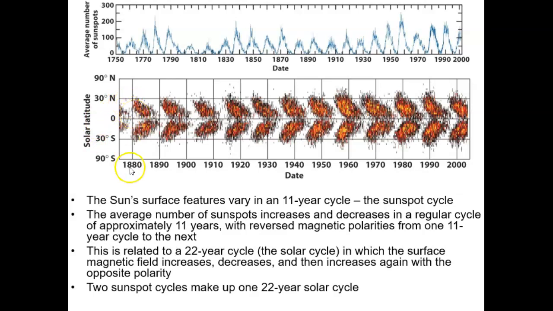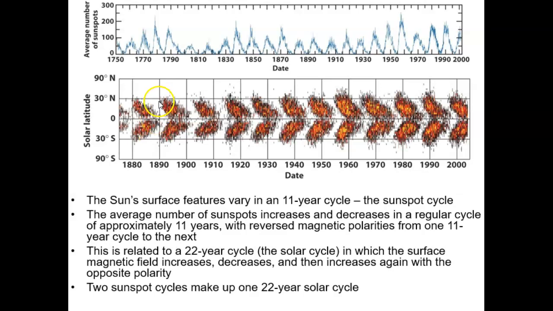If you notice, right here at 1880, when we look at the position of the sunspots, they start off both high and low compared to the equator. As we move through our solar cycle, those sunspots start moving closer and closer to the equator until eventually, about 10 years later, that location flips.